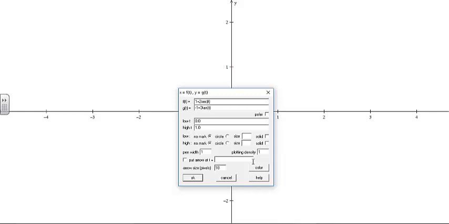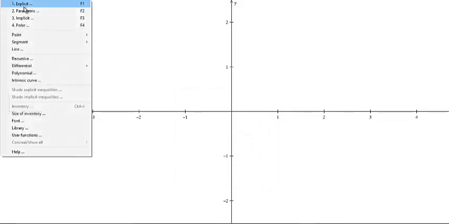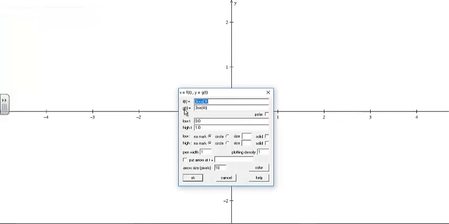And we'll go between t equals 0 and t equals 2 pi approximately. And nothing happened. What happened? Oh, did I? Okay. Yeah. Something that would do it. That would do it.